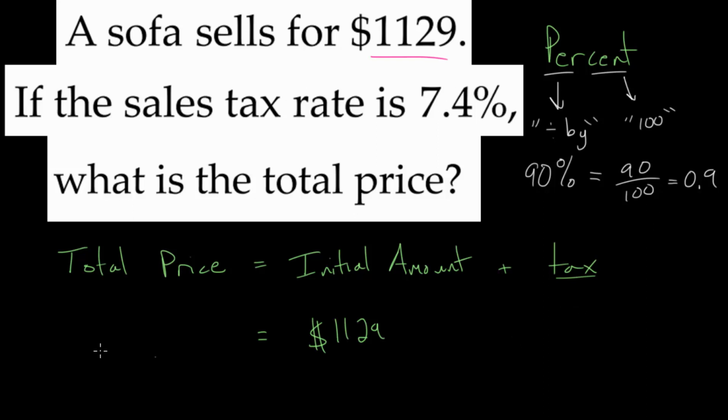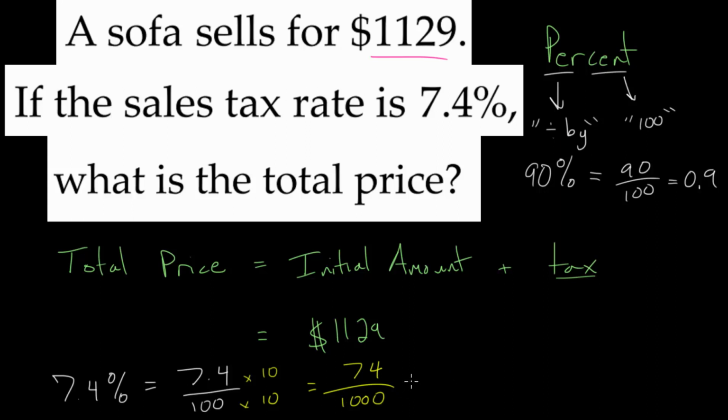So we can write 7.4% as 7.4 divided by 100. If we want to simplify this fraction to make it a little easier to conceptualize, we can get rid of the decimal by multiplying top and bottom by 10, so that in the numerator we get 74 and in the denominator we get 1,000. So we have 74 thousandths.